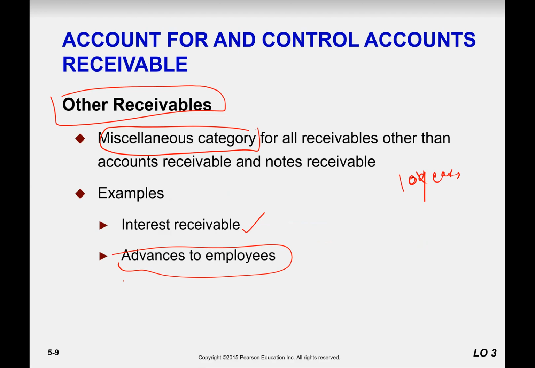This employee wants to build a house, and rather than go to the bank, he applies for a loan from the business, and you grant him the loan, right? This is also called other receivables. Every month you deduct some portion from his salary for the loan that you paid to him. So this is called other receivable. Mostly we create a miscellaneous category and account for that.